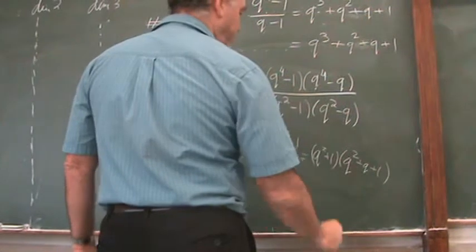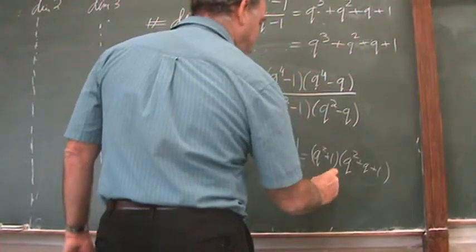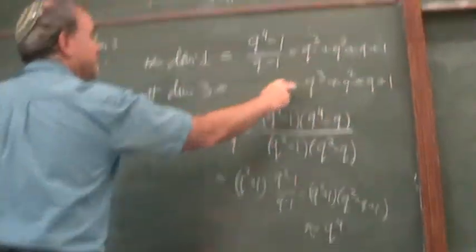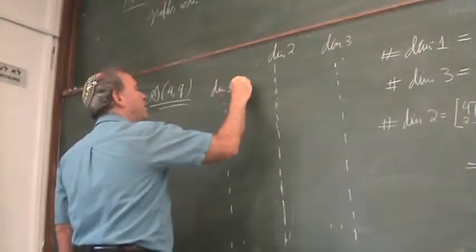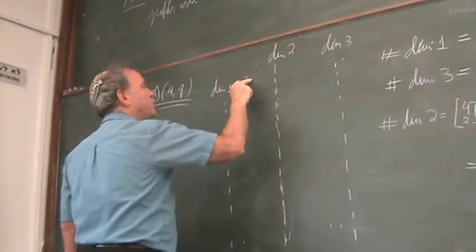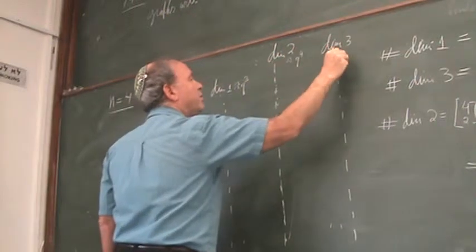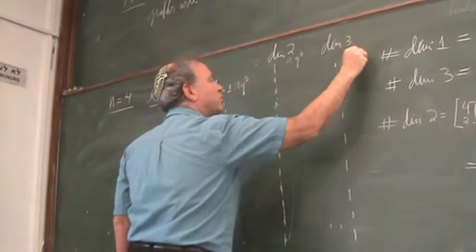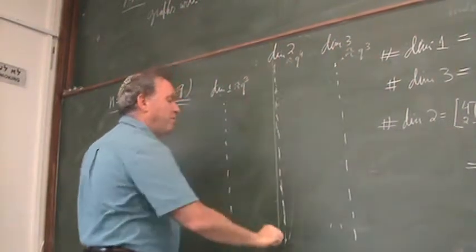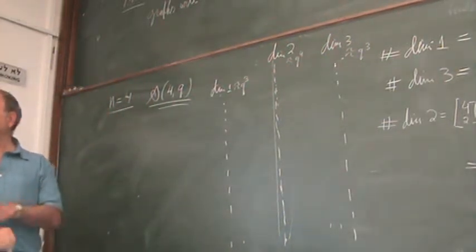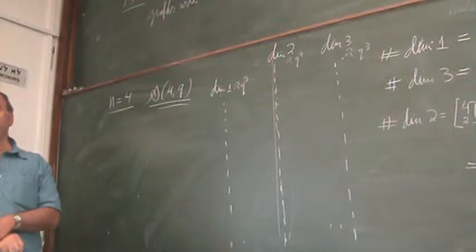What is important for me to see is that this is approximately q to the 4th, while these are approximately q cubed. Here the main term is q cubed, here the main term is q to the 4th, and here again the main term is q cubed. So you see that in the middle we have many more vertices than on the two sides.